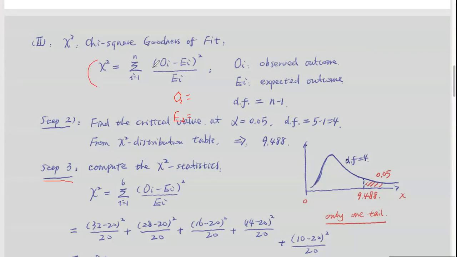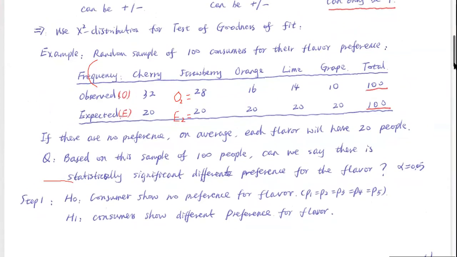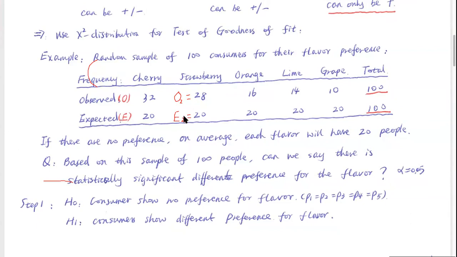Chi-square is equal to the summation of (Oi minus Ei) squared divided by Ei. What's Oi? That's the observed outcome. What's Ei? That's the expected outcome. If you remember, we just covered that: this is O1, this is E1, this is O2, this is E2.